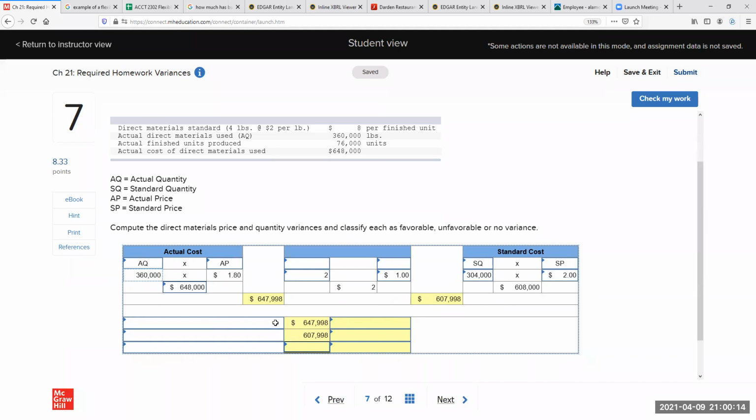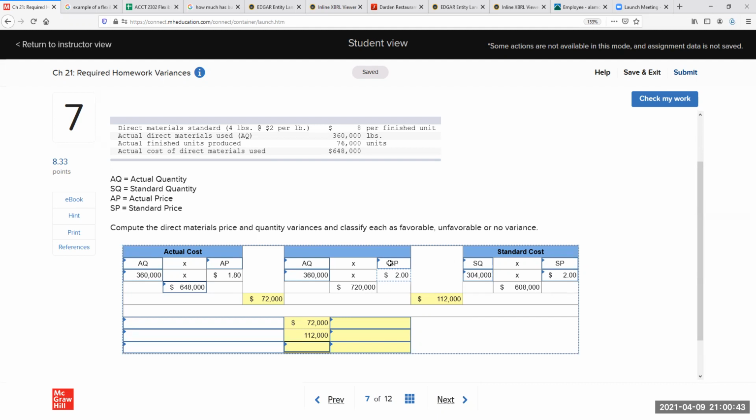All right. So look here though. This in the middle is the actual quantity times the standard price. The standard price is $2, and the actual quantity is 360. So you should have spent 360,000 pounds, your actual quantity, times the standard price of 2. It should have cost you 720 and you spent 608.